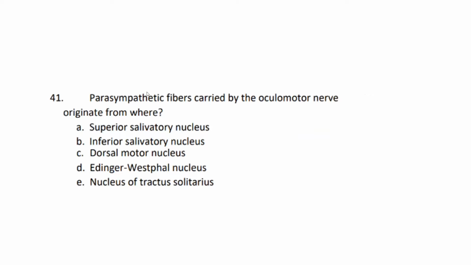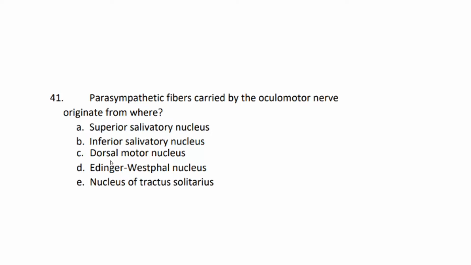Okay, parasympathetic fibers of the oculomotor nerve come from where? Okay, so just to keep things a little bit quick, the salivatory nuclei aren't going to be related to the oculomotor nerve since that goes to the eyes.